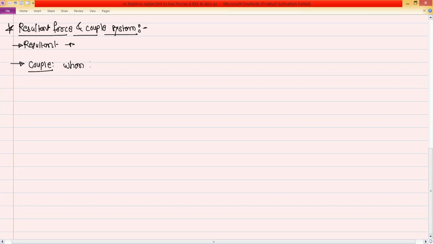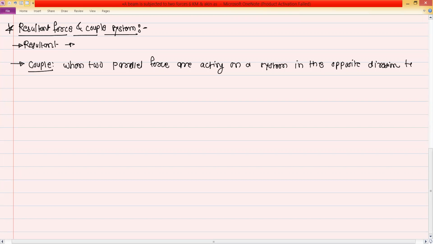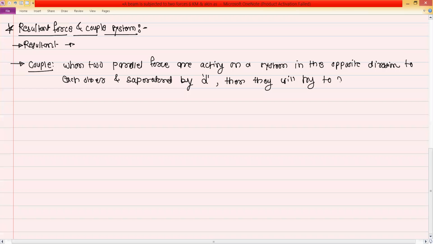When two parallel forces are acting on a system exactly in the opposite direction to each other, and if they are separated by perpendicular distance d, then they will try to rotate the system about a point.